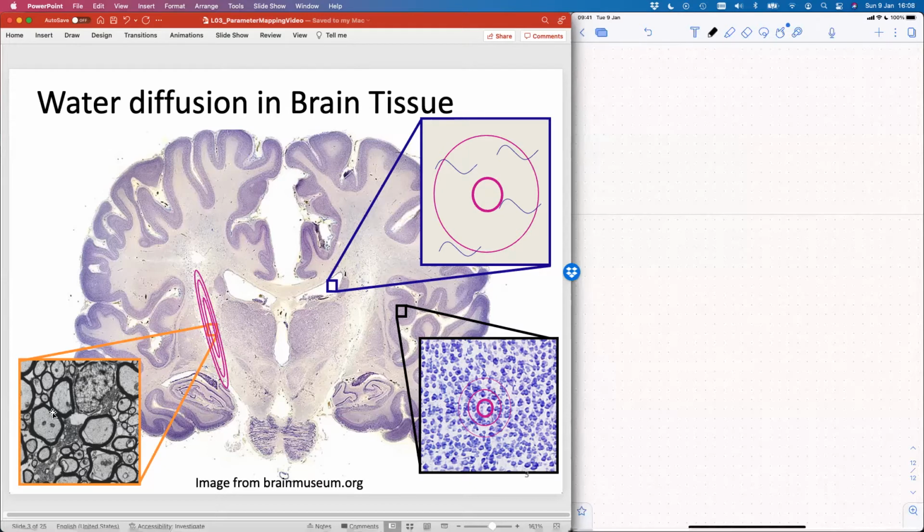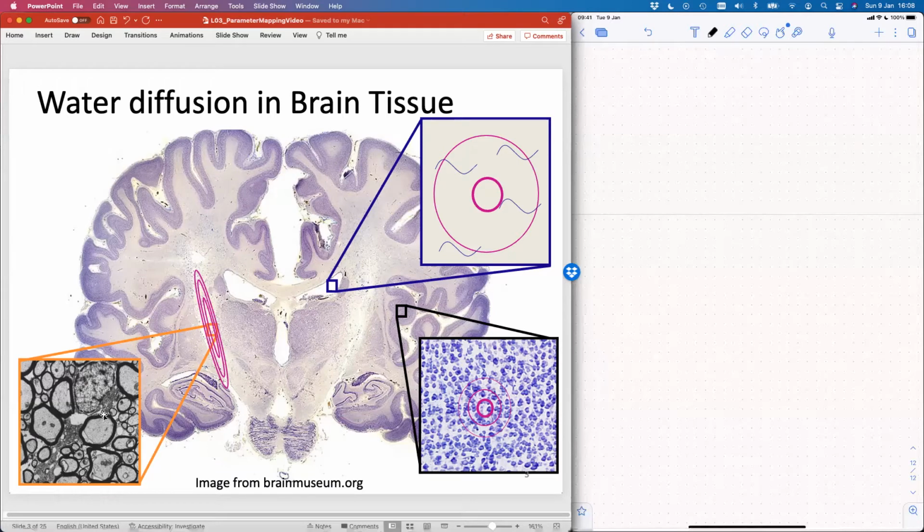And if you imagine a water molecule wobbling around in this kind of environment, it's not difficult to see that it's relatively easy for molecules to move in the directions of the fibers because there's little impeding their motion in that direction, but it's much harder for them to move in the perpendicular directions, where they get impeded by these cell walls.